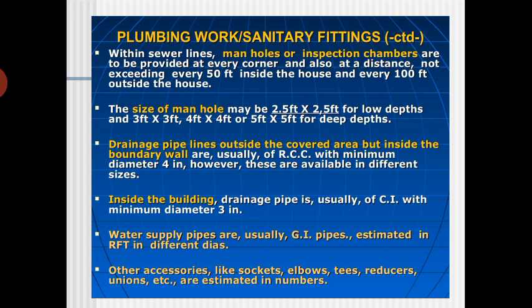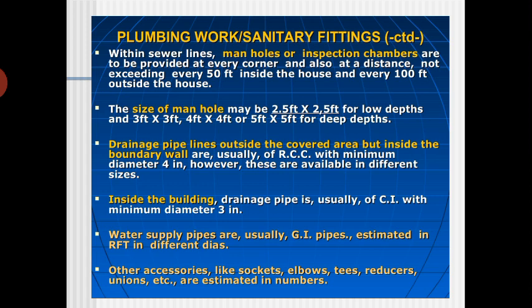Within the sewer lines, manholes or inspection chambers are to be provided at every corner, and also at a distance not exceeding every 50 square feet inside the house, and every 100 feet outside the house. Normally the size of the manhole is 2.5 for low depths, and 3 into 3, 4 into 4, and 5 into 5 for deep depths.